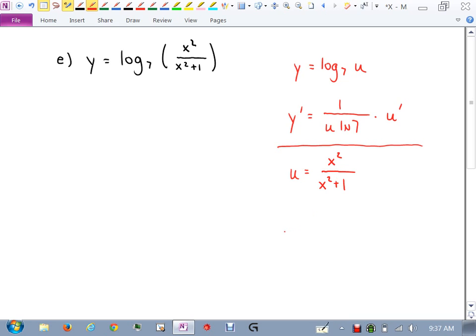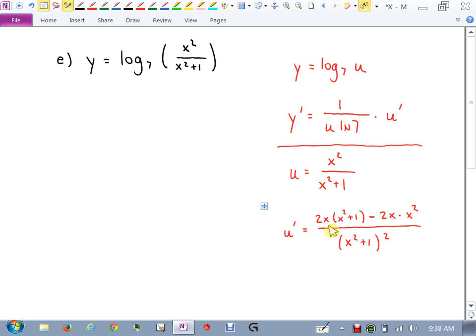And then I will take its derivative, and to do that I'll use the quotient rule, which says it's the derivative of the top, 2x, times the bottom, minus the derivative of the bottom, which is again 2x, times the top, all over the bottom squared. Is that all right? I'm going to clean that up.